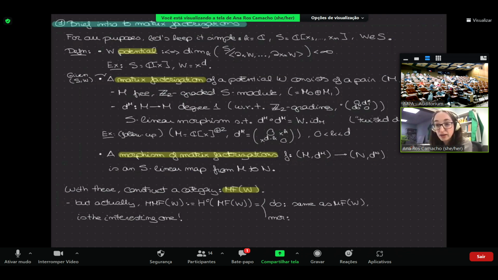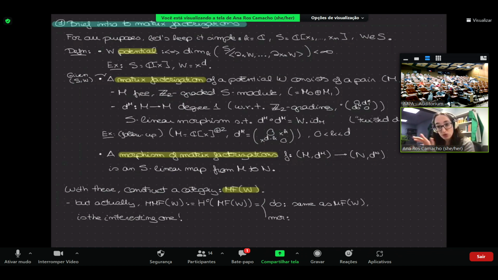I'm going to consider only morphisms of degree 0. Remember, because of the Z/2-grading of the base module in the matrix factorization, any morphism I write down between two matrix factorizations will inherit this grading.